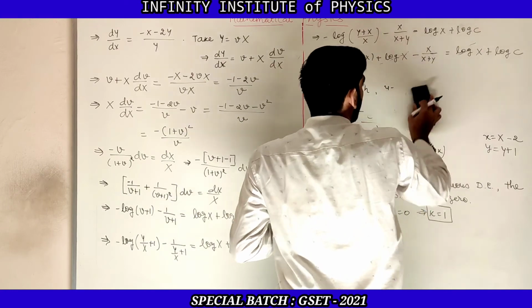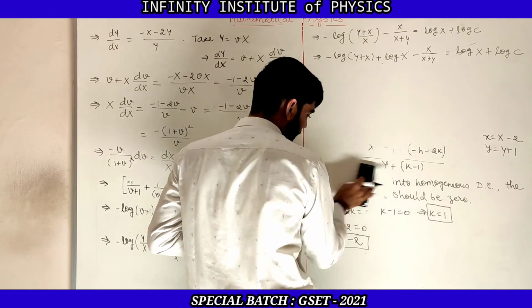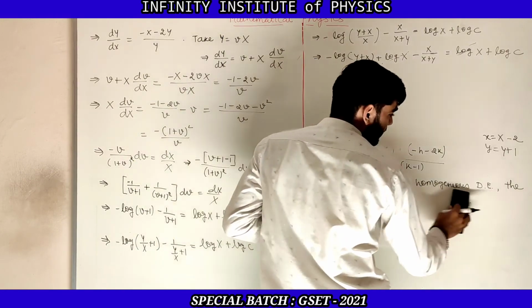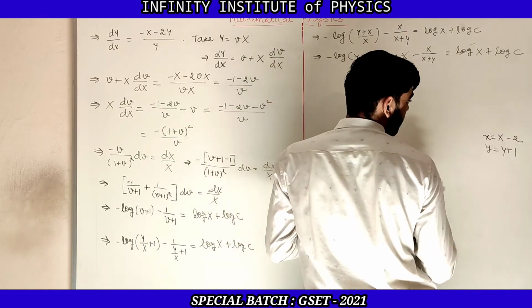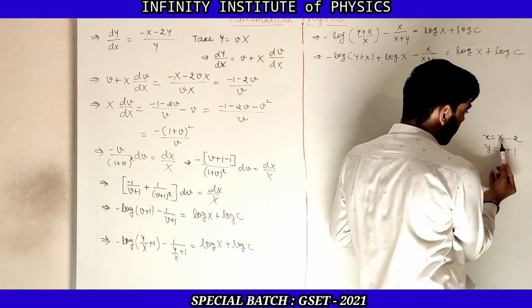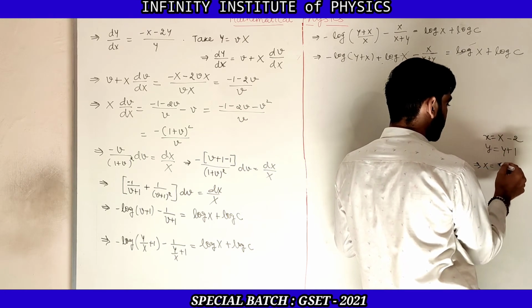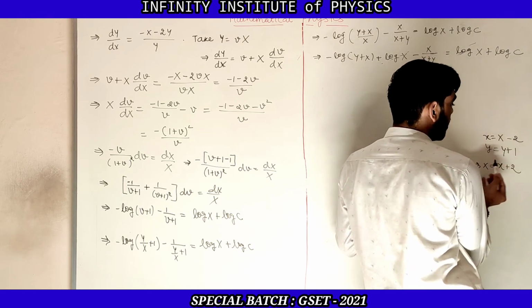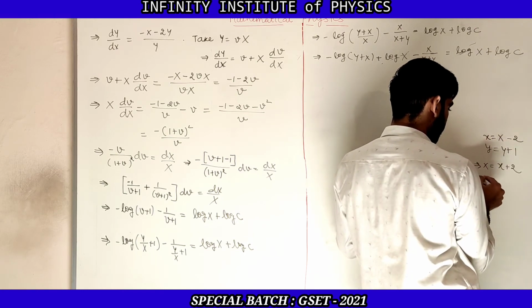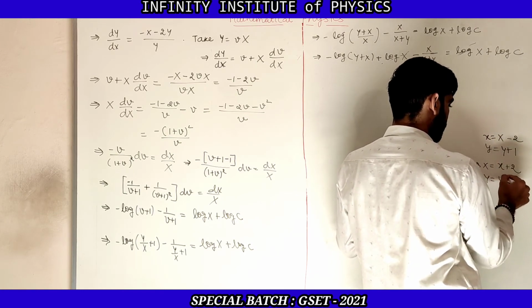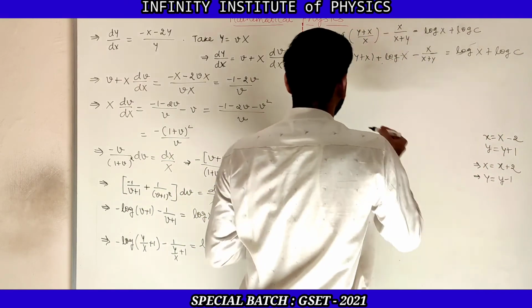So now we need to put back the values of capital X and capital Y in this equation. So small x is equal to capital X minus 2, and so capital X will be small x plus 2, small y is capital Y plus 1, then capital Y will be small y minus 1.